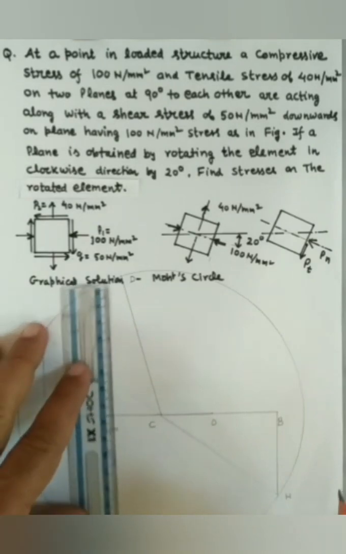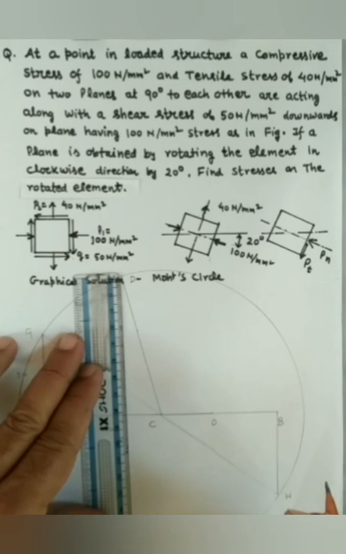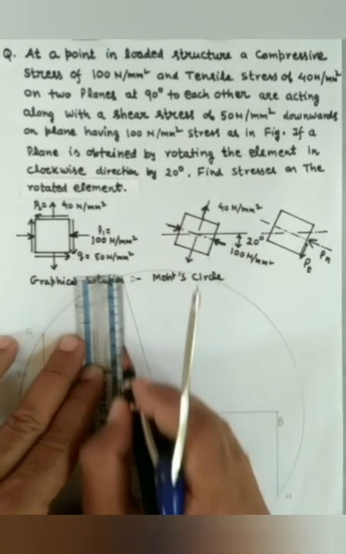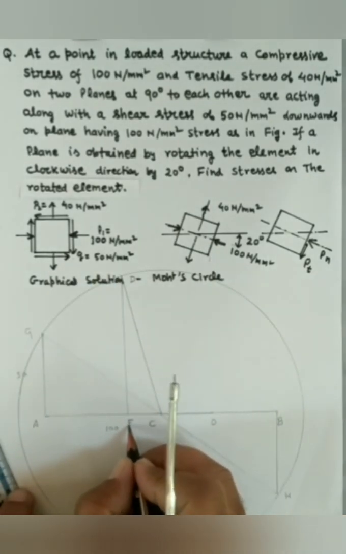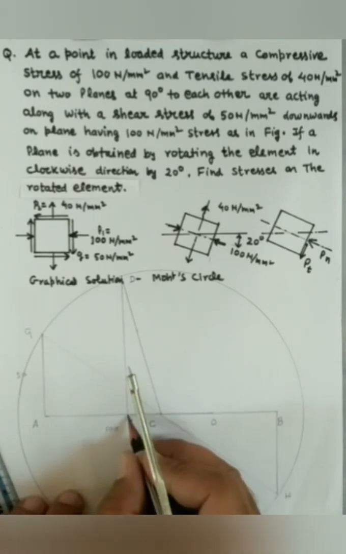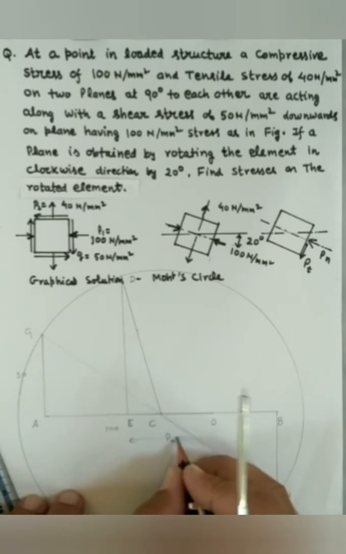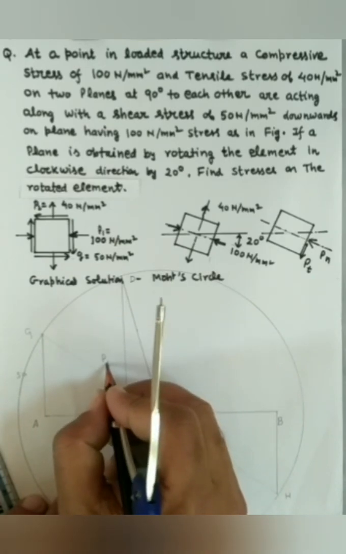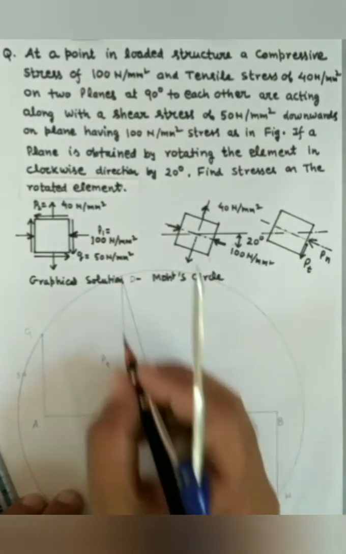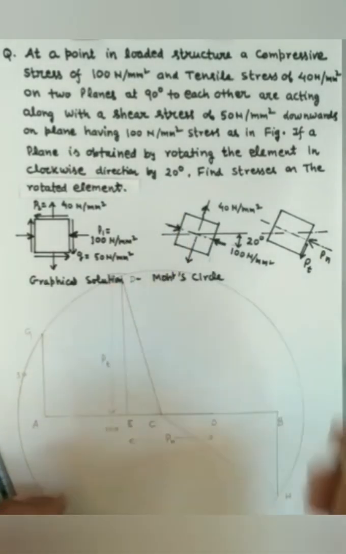Now if we drop a perpendicular from D on the x-axis, and say this point is E, then the length OE represents the PN, the normal stress, and DE represents the PT, that is the tangential stress on a plane which is rotated by 20 degrees clockwise.